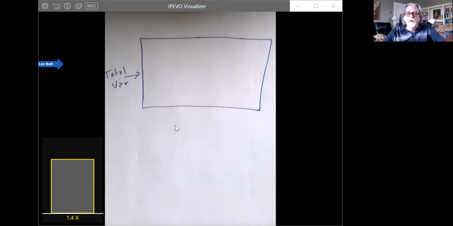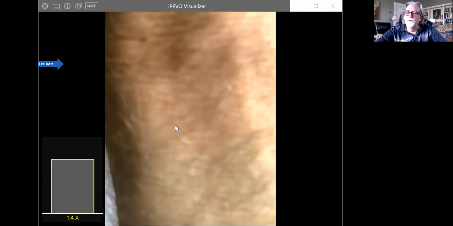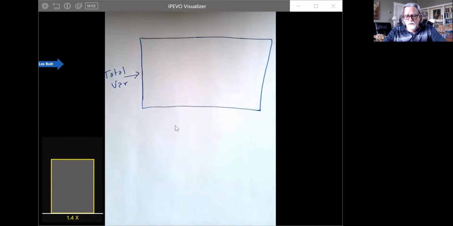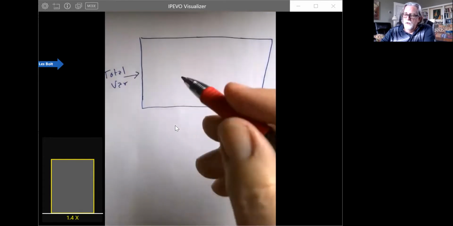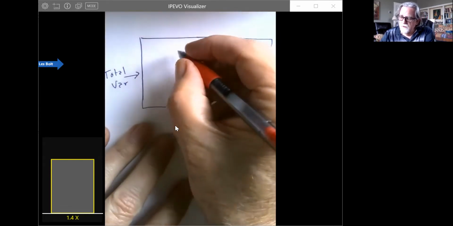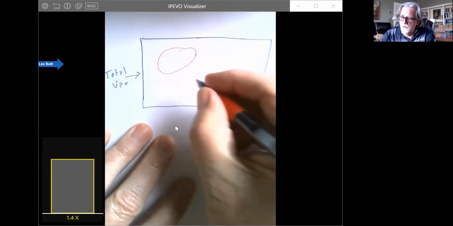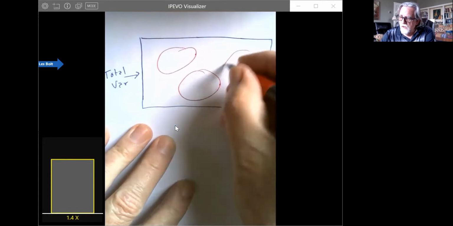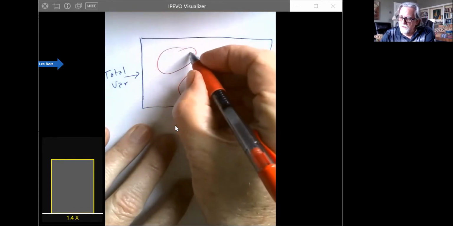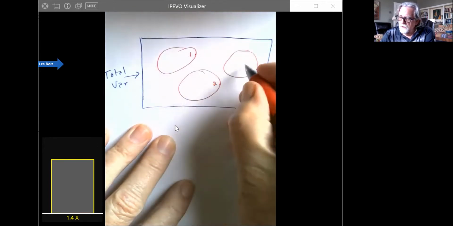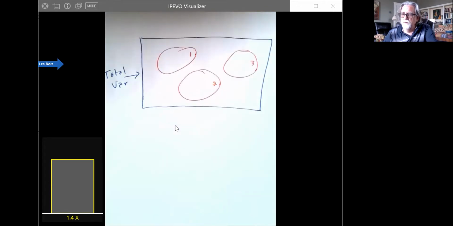And if then we have, say, for example, an experiment in which we're working with three groups, as is the example we'll be doing just a little bit on SPSS. And so we have three groups within that box, say group 1, group 2, and group 3.